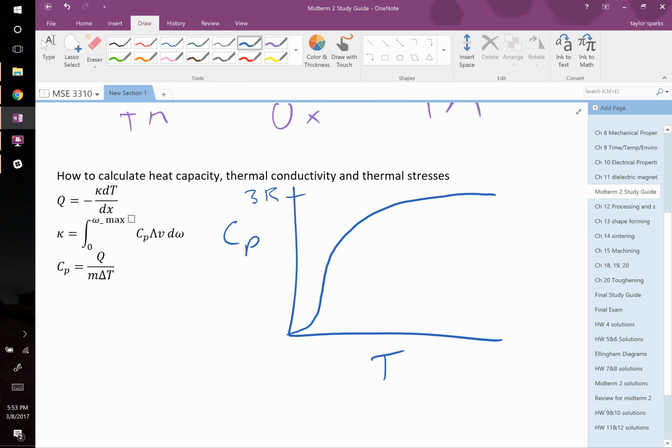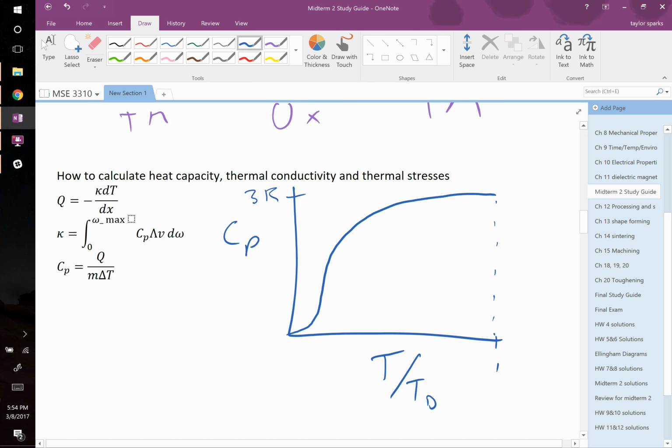When does it reach that? When you are at the Debye temperature, when your temperature divided by the Debye temperature for your material is 1, you should be pretty much at the asymptote, right? And the Debye temperature changes for all different materials. For diamond, it's really, really high, I think. Yeah, diamond's high. Things like lead telluride are super low. We didn't cover how to guess those in this class.